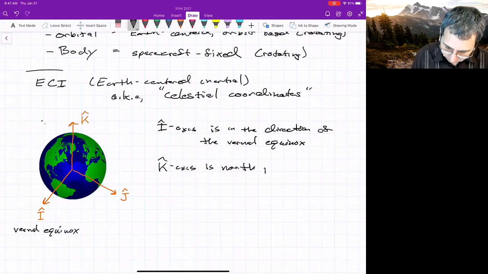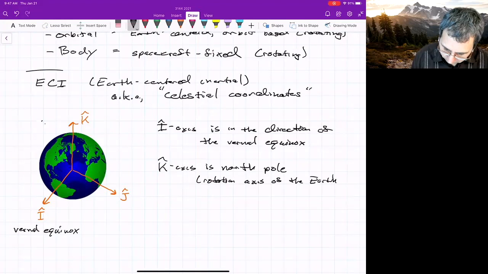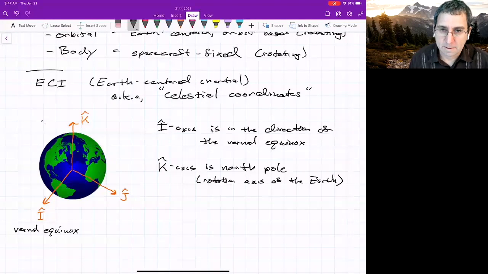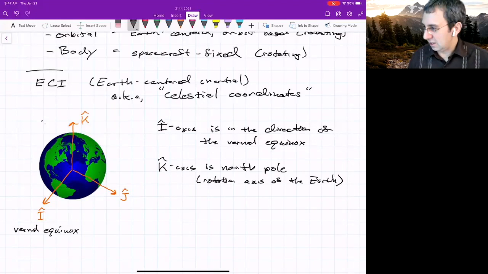I guess we could say the North Pole, right? It's the real North Pole. It's the rotation axis of the Earth. And then the j-axis completes the right-handed coordinate system.